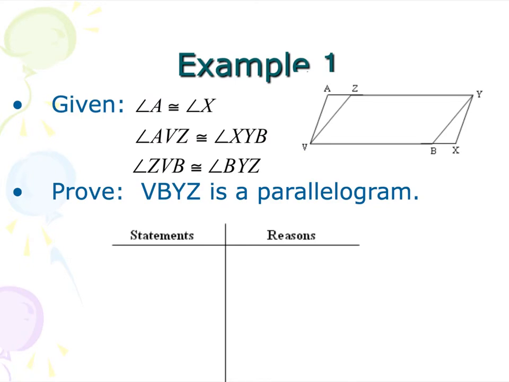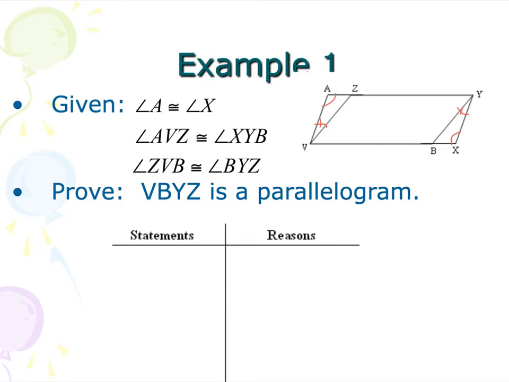All right, so I've got angle A congruent to angle X. I've got angle AVZ congruent to angle XYB. Cool.